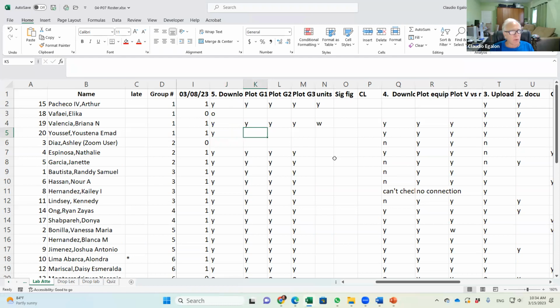Did you plot graph 1, 2, and 3? Okay, what about the units? Did you manage to do the units as well? Work on that. Okay, good.